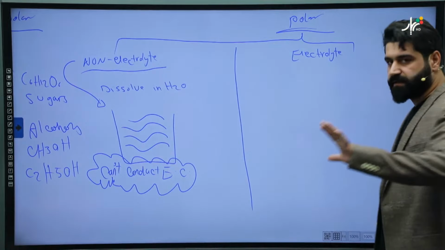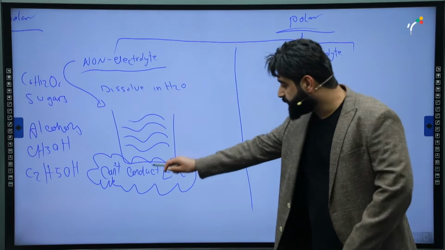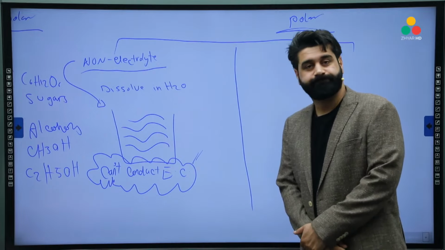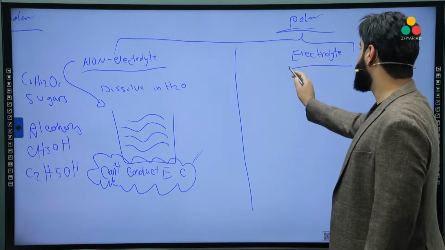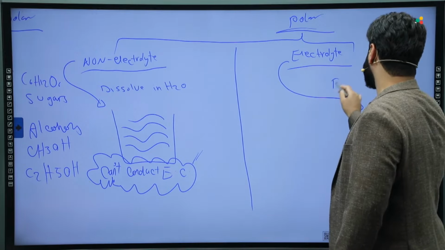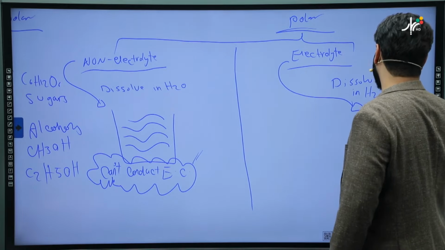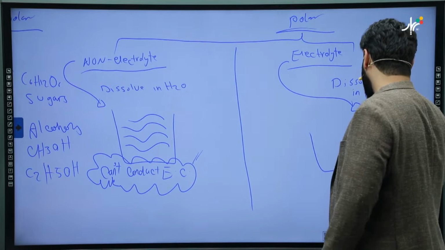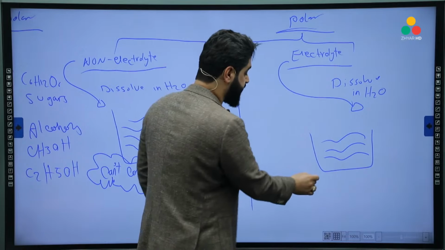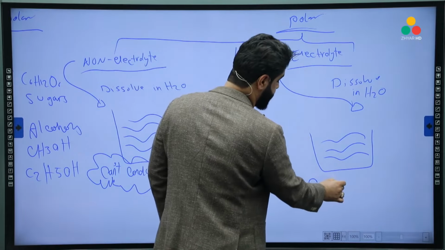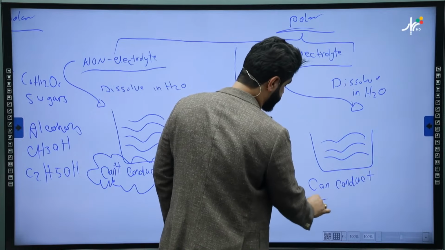But still, the answer to that question remains. Why do we have this problem, that they cannot conduct electricity? Electrolytes, when they dissolve in H2O, produce an aqueous solution that can conduct electric current.